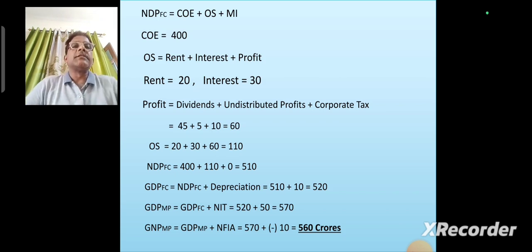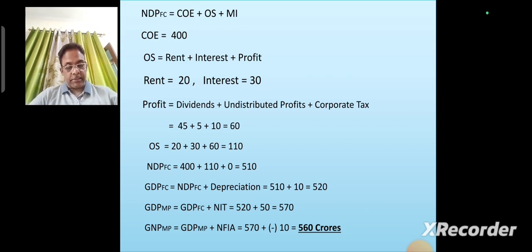You can see firstly COE is taken in full, OS is separately counted. So OS is calculated as 110, and because mixed income is not there, NDPFC is counted as 400 plus 110 plus 0, that's 510. Then depreciation and NIT have been added, and the answer is 560 crores of rupees.